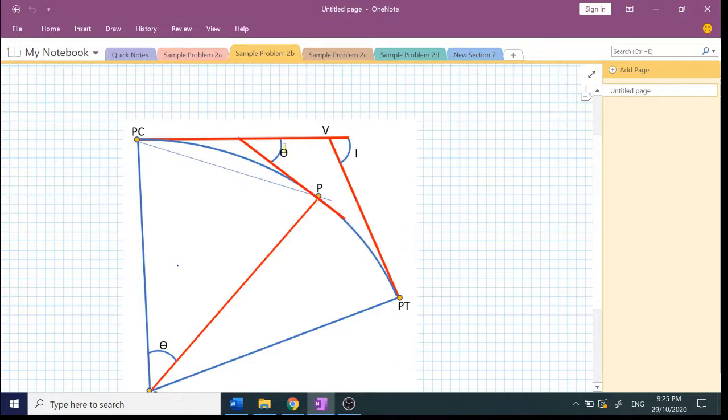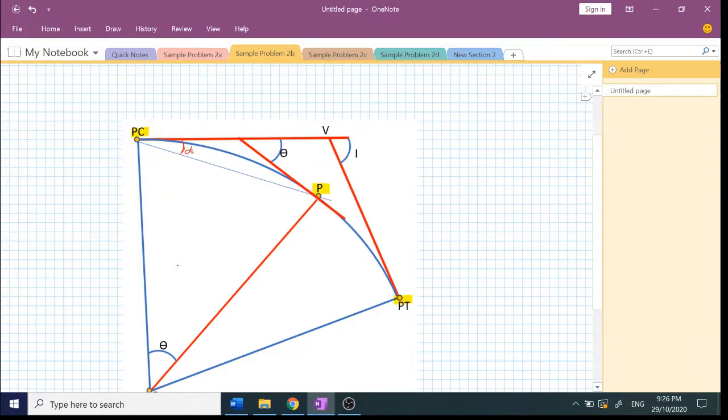Okay? So imagine natin that we have here a curvature where we have the PC, the PT, and on the curve we have a point P. It could be any point. Now imagine natin that we try to draw the line tangent to the curve at point P. Okay, sabihin natin that this angle is alpha.